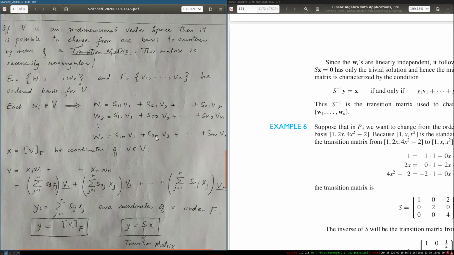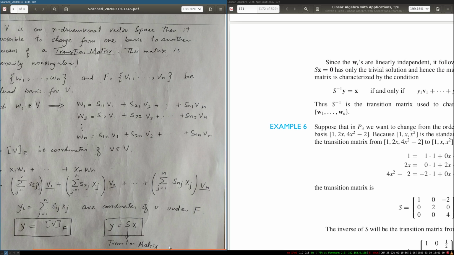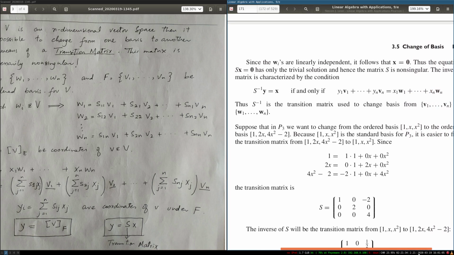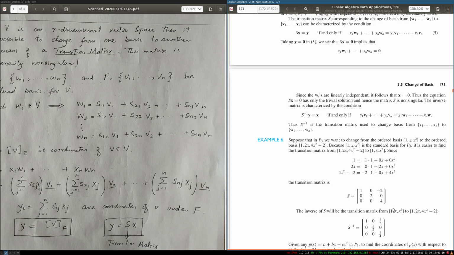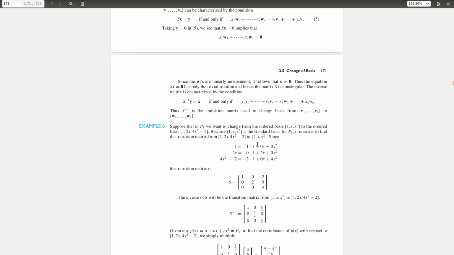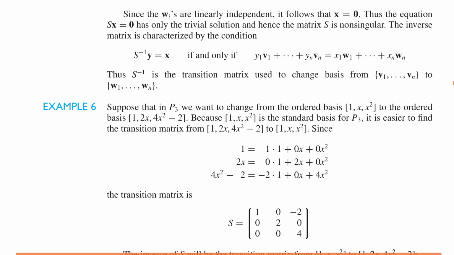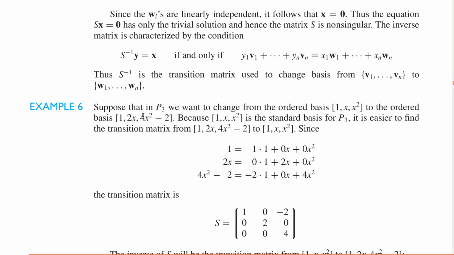But first we find a representation of the basis vectors in terms of the other basis vectors. So if I want to go from this representation to this representation, what we do is express each of these vectors in terms of these vectors, and that's easy.